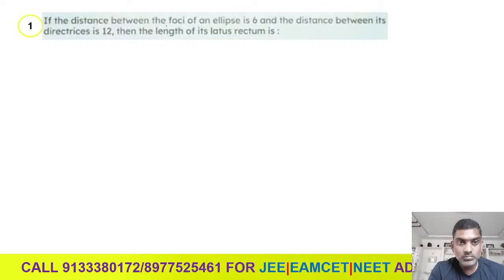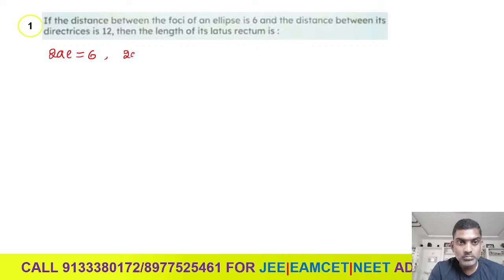So here what they have given: the distance between the foci, 2AE, which is equal to 6. And one more thing they gave: the distance between the directrix is 12.